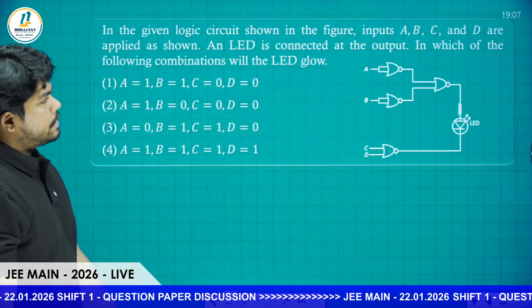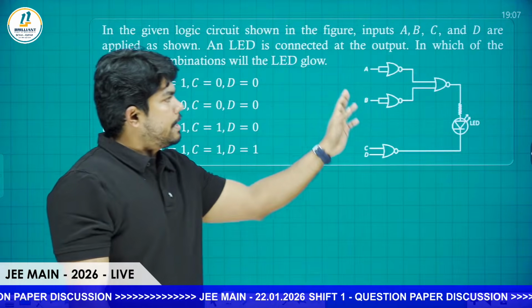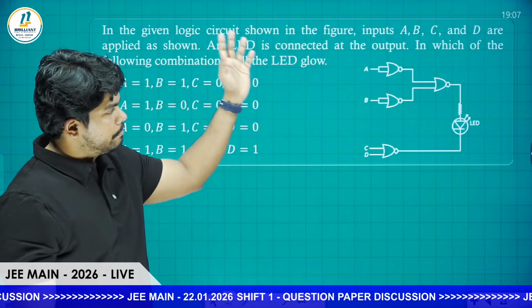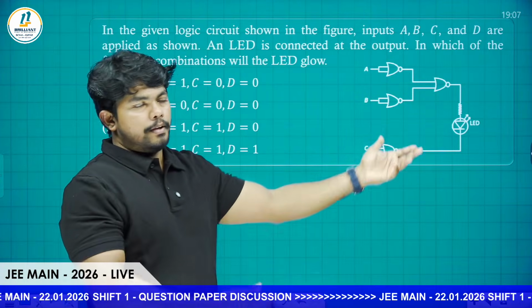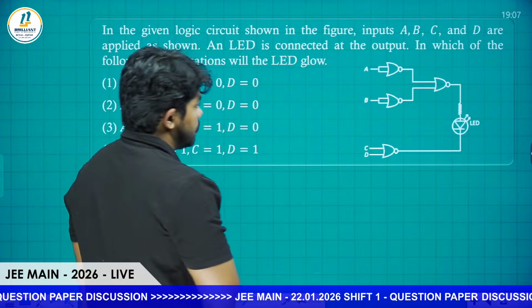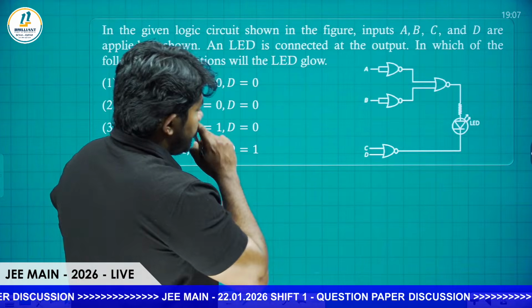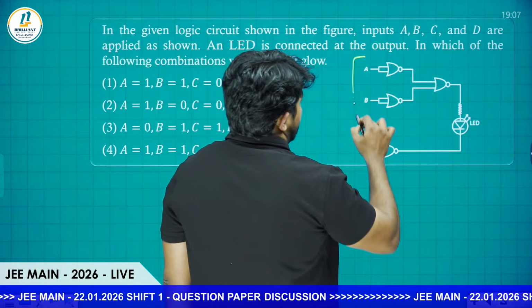Coming to the other question, yesterday also we found a question regarding logic gates, and it was an easy question. This is also an easy question, not a very typical JEE hard level question. So we have to identify one thing. We have already discussed in the class what this circuit and that circuit will be.